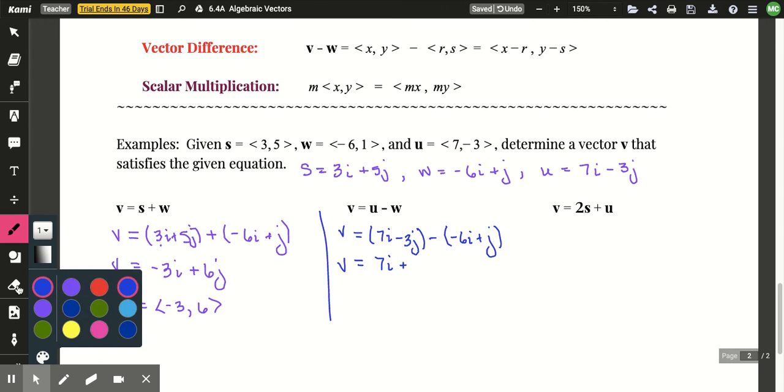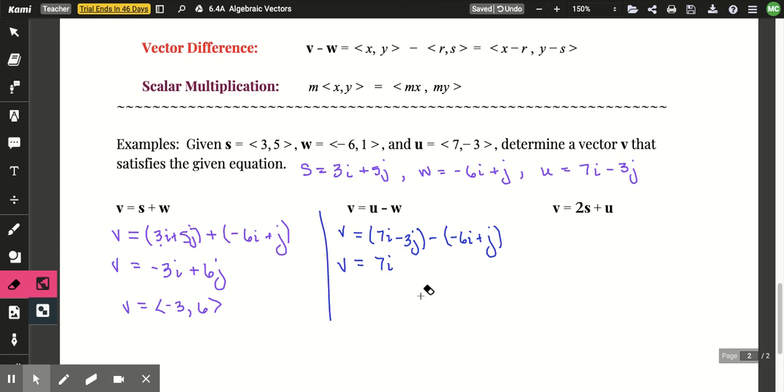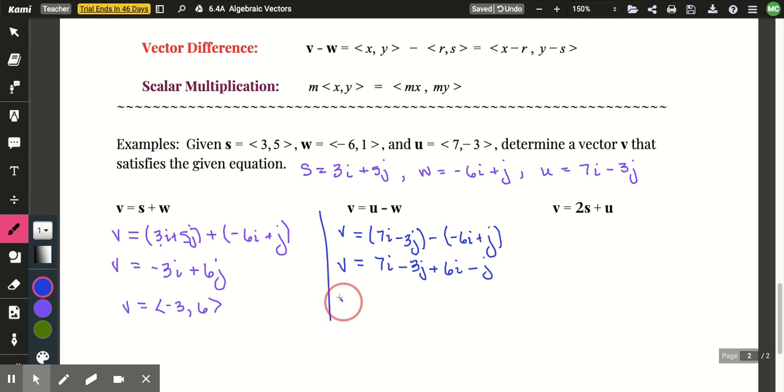Oops, that was supposed to be a minus. Okay, so 7i minus 3j, and then minus a negative 6i would be plus 6i, and then minus a positive j would be minus j. And then finally, we just need to combine like terms there.